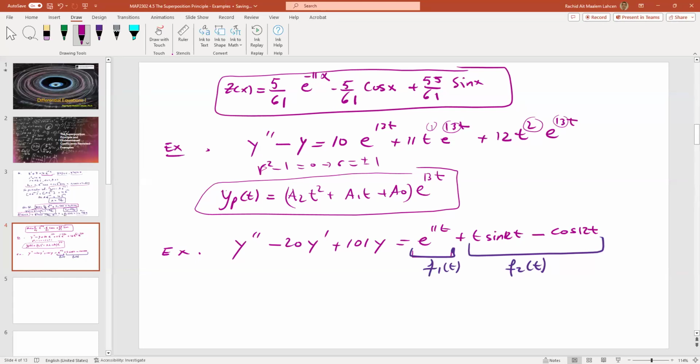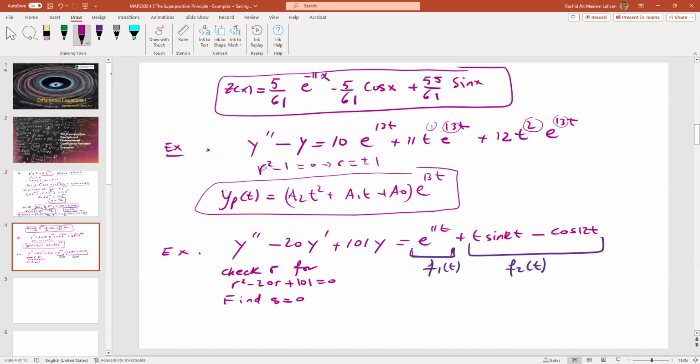So alpha plus i beta is not a root. Let's check r1, r2 for r squared minus 20r plus 101. And you'll find that alpha plus i beta is not a root, which means you pick s equals 0.